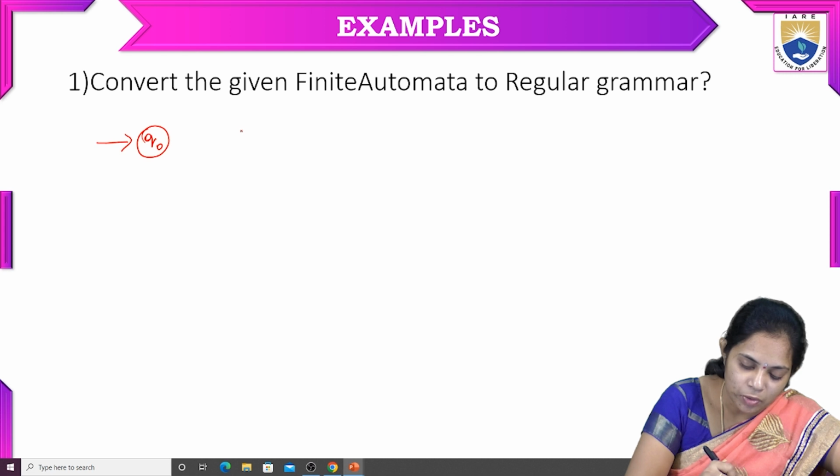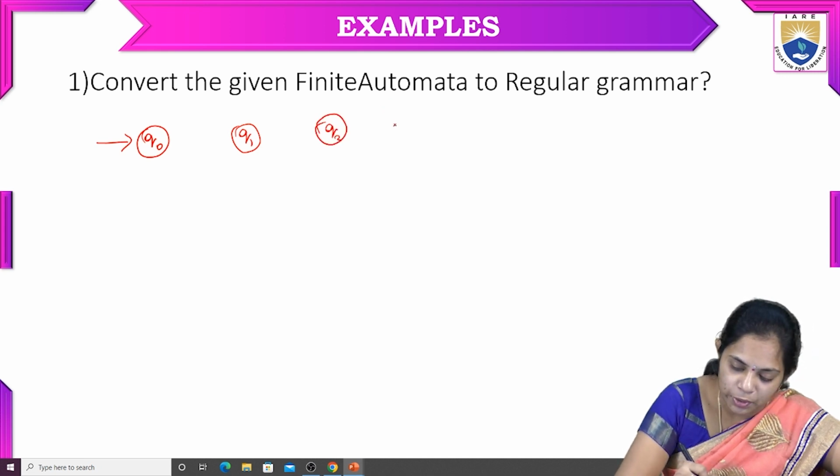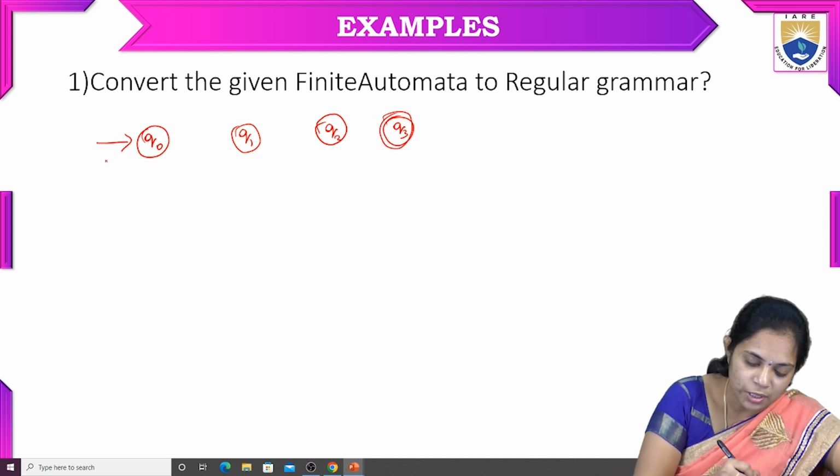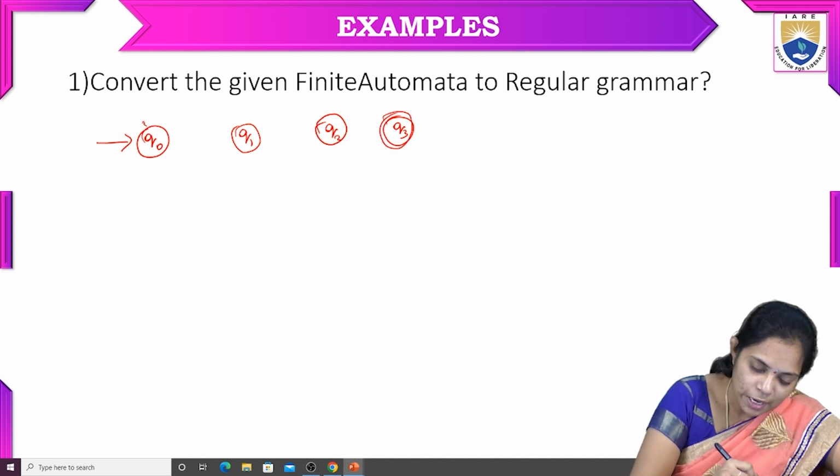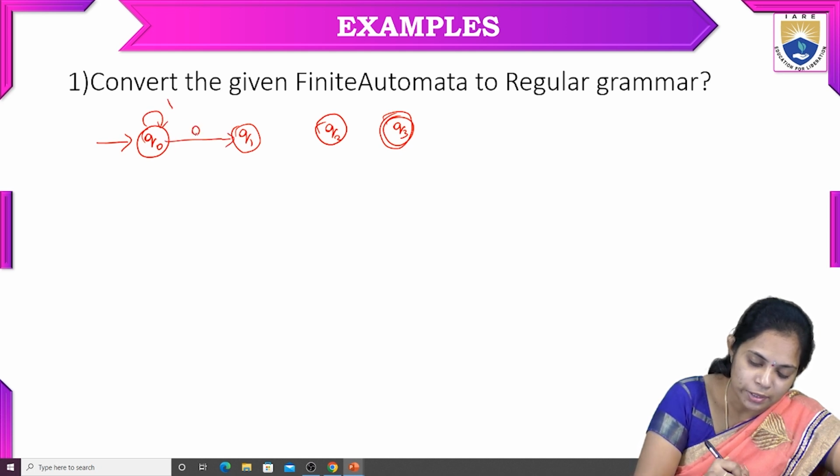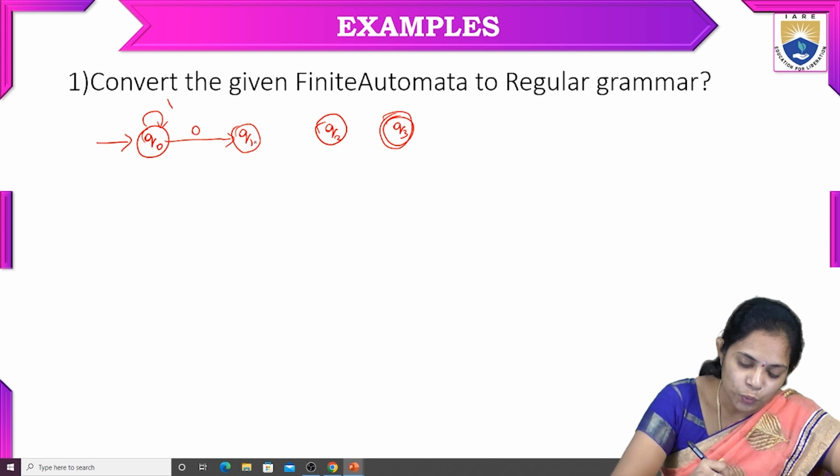Now we will draw 4 states. Let me write the state names: Q0, Q1, Q2 and Q3. Q3 is the final state and Q0 is the initial state, and with the input symbol 1 and 0 as an input, it is reaching the Q1 state.